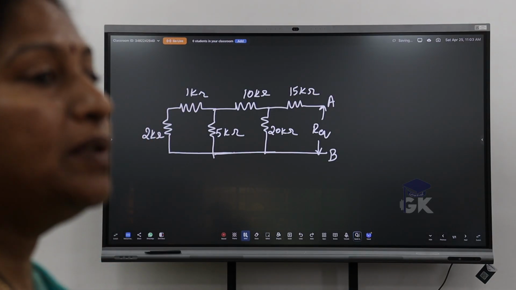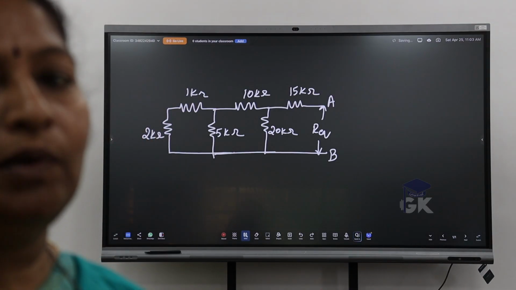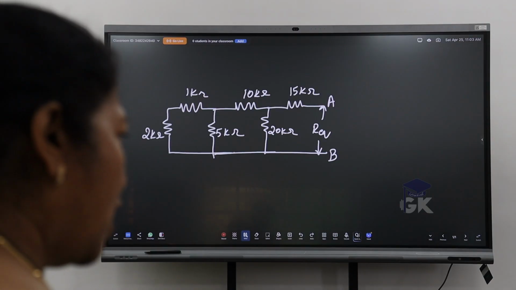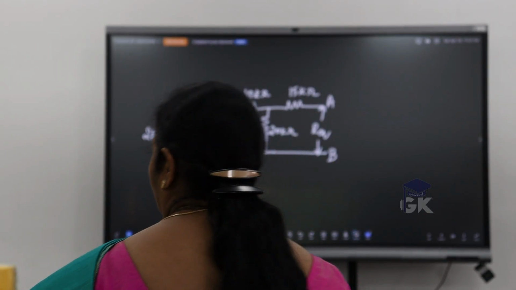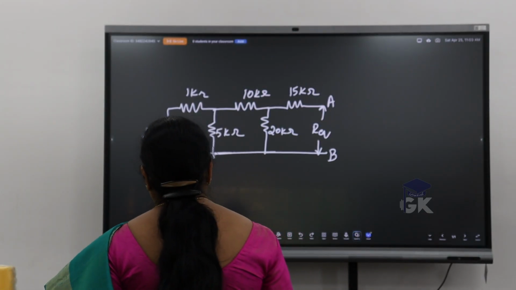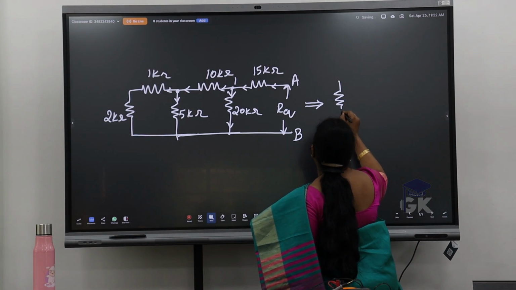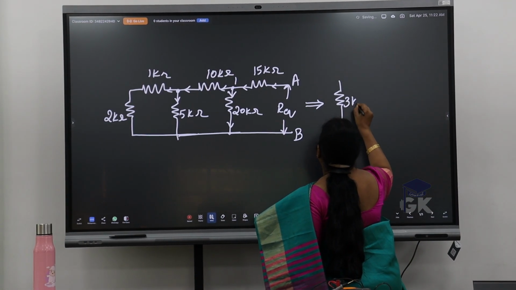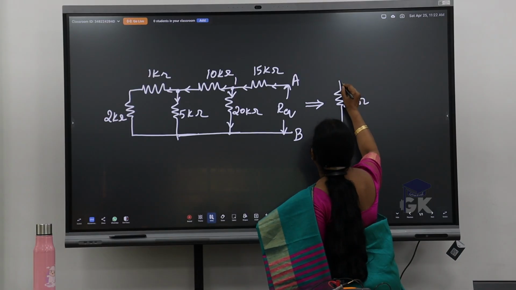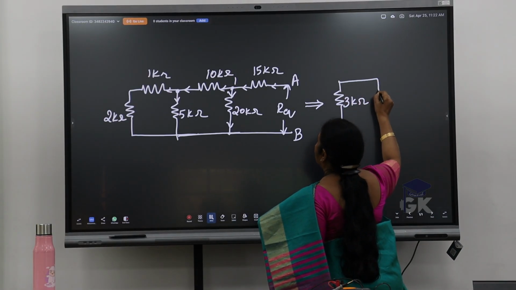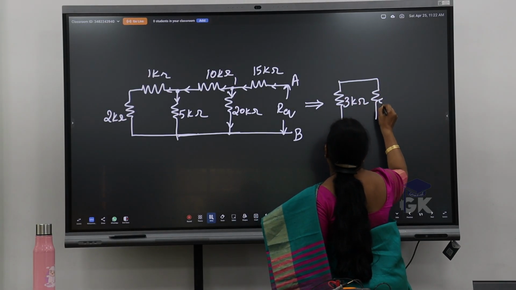See, this is very important. If you learn this technique, you can solve any network circuits. So 3K, I'll write down 3K here directly, and this 5K I'll just retain as it is.